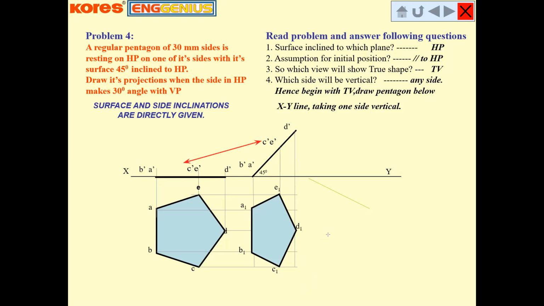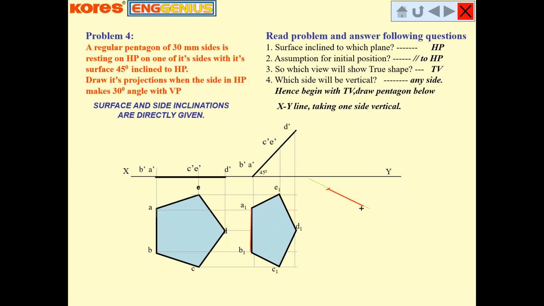The same thing we need to do over here: we need to copy and paste this top view, but at the given inclination. Right now, the given inclination is 30 degree with the VP. So first we need to locate any random point A. Then we need to measure this length A to B. The same we need to mark on this 30 degree angle.